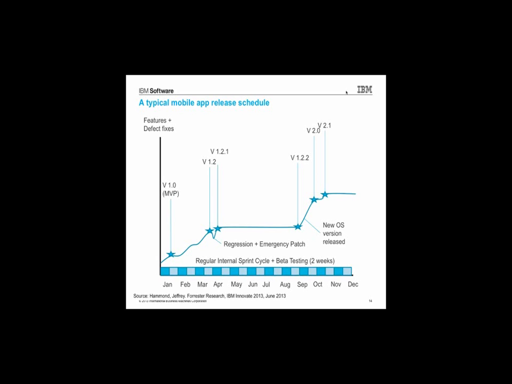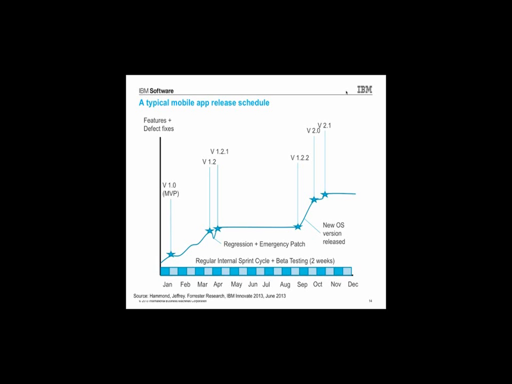And if you look at this, it should look very familiar to any of you who've developed a mobile application. We're looking at a year's time frame here, and it's broken up into these regular internal sprint cycles. But what's interesting is that the line that you see represents the releases of the mobile app, and they're not regular, right? They're very fragmented, as a matter of fact.